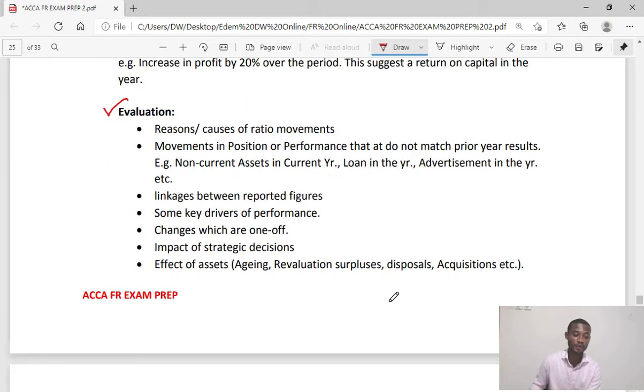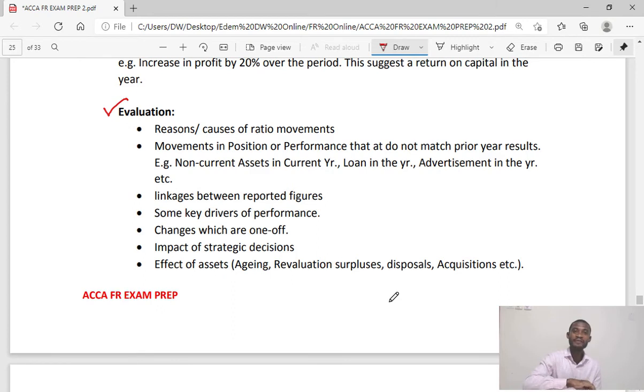And then also I've explained the effect of aging assets, revaluation, and losses. For instance, maybe the gearing ratio has decreased in a period because they have made significant revaluation, or they have recorded significant revaluation surplus. Without the revaluation surplus, what would have been the actual gearing?